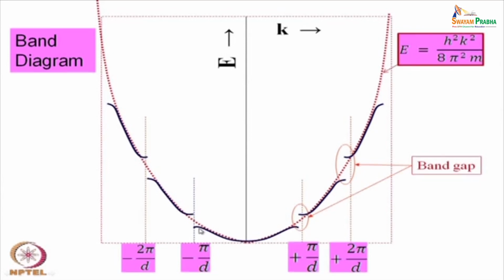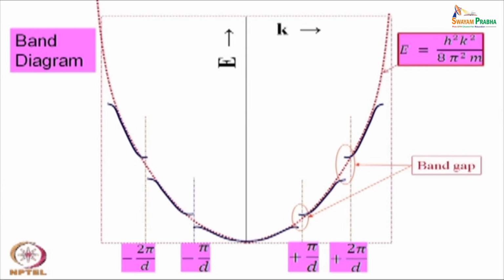Now, there is one gap here and one gap here. So, we have to understand which one is more important to us or which one actually controls. All of them do not control the property, mostly one of them controls most of the properties, and that depends on how many free electrons are available in that system, and how many bands are available.